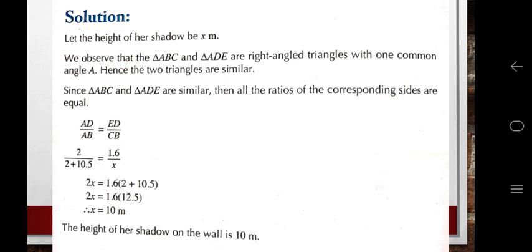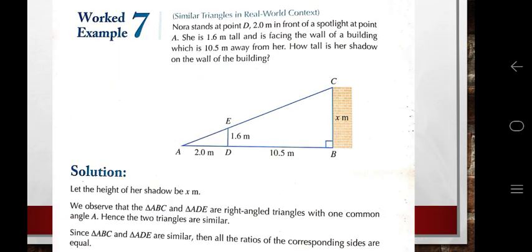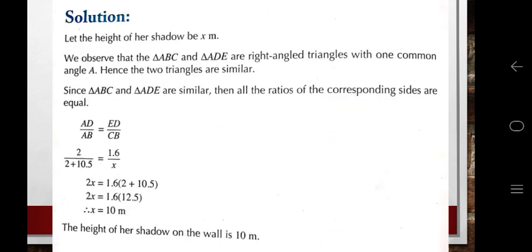Okay, let the height of the shadow be x. Because it's unknown, we need to find it, so make it x so we can find the x. Because they are similar, all the ratios of corresponding sides are equal. Again, we use that concept.